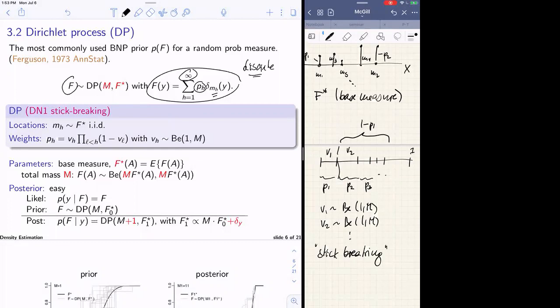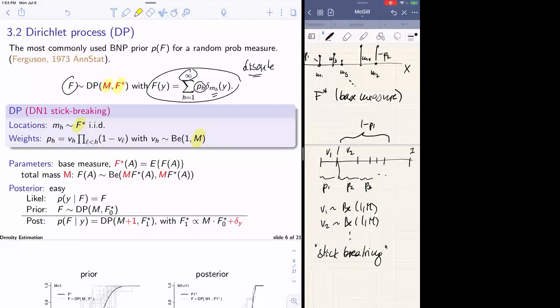In that construction, if you paid attention, I needed 2 parameters. I needed to specify the base measure from which we take the IID draws of the locations, and I have to specify the parameters of the beta distribution. So these are the 2 parameters that characterize the Dirichlet process prior.